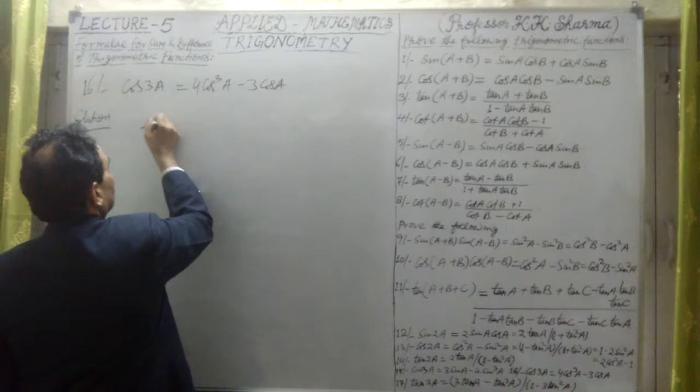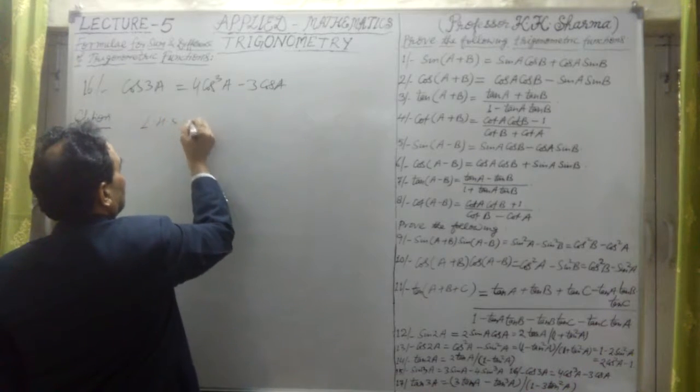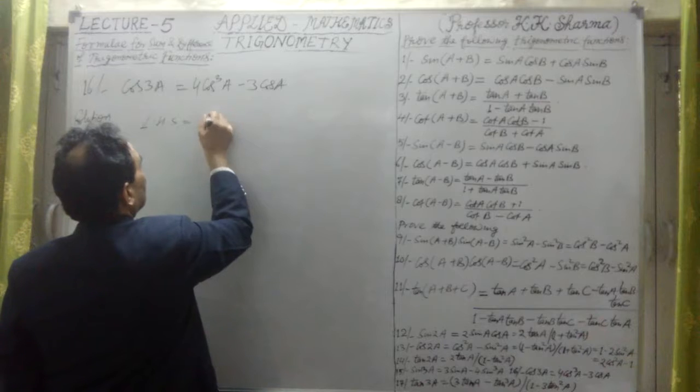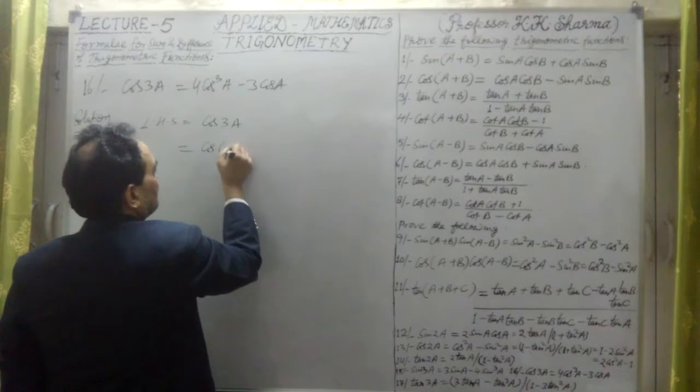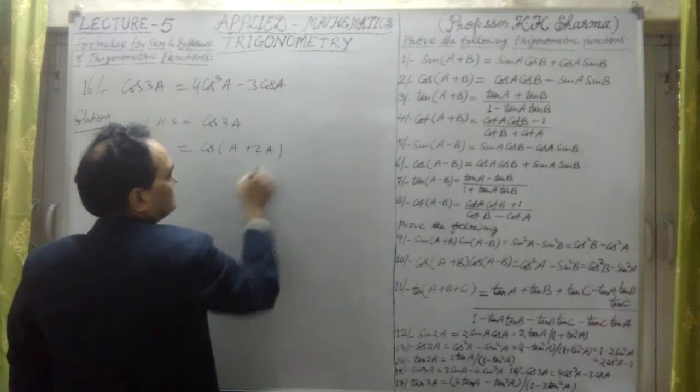the left hand side here. Left hand side is equal to cos 3A. We can write it as cos of A plus 2A, no problem.